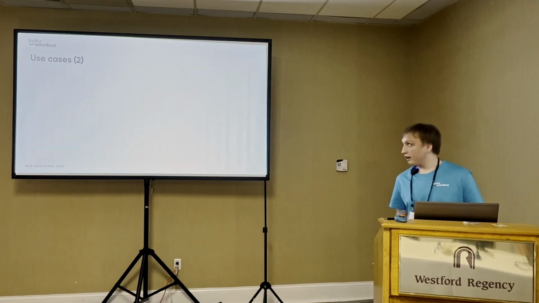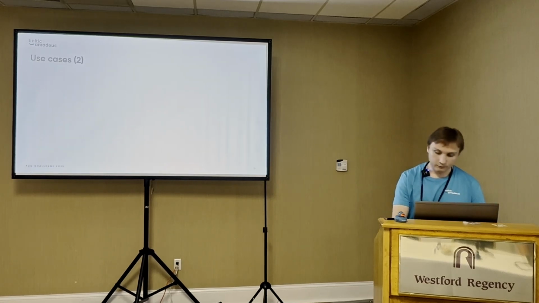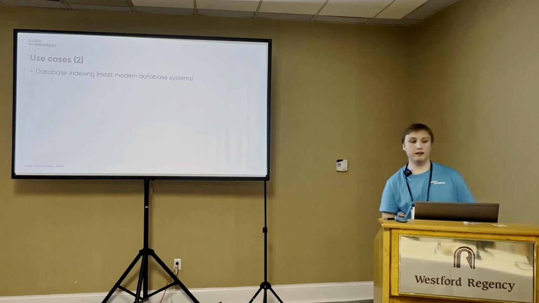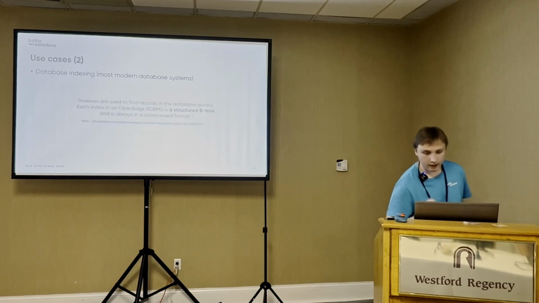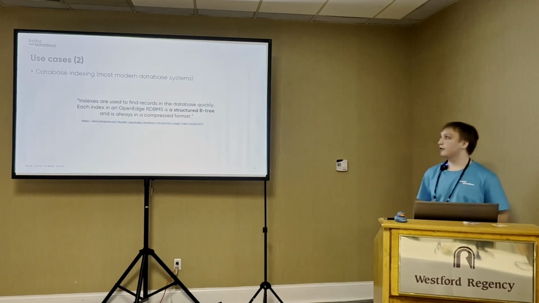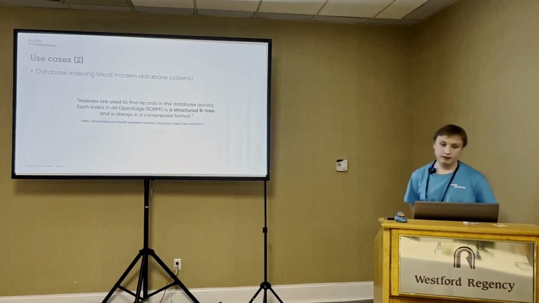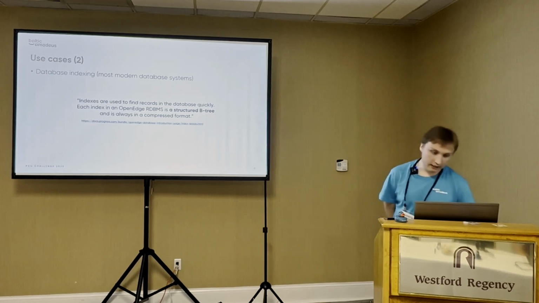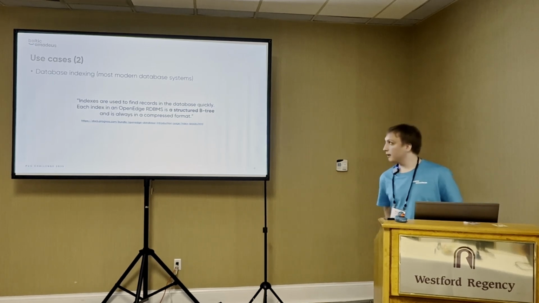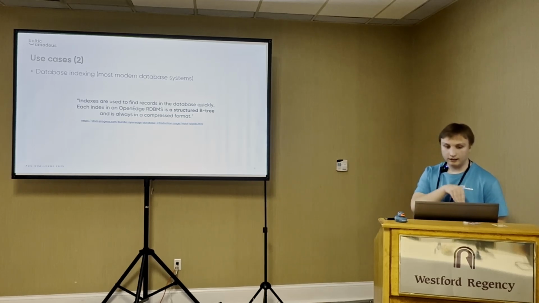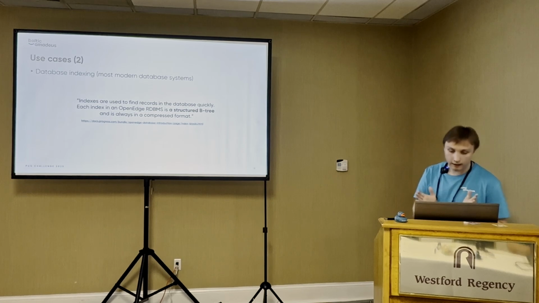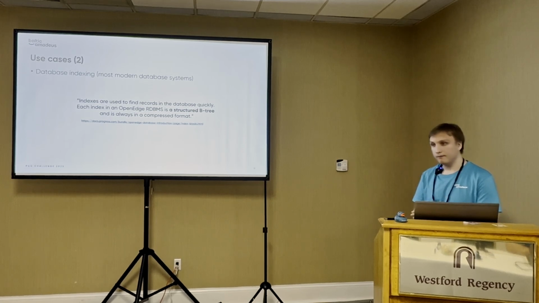Now that's nice, but in our case, what's more important is that B trees are the key data structure, basically the building block of database indexing. And here's a quote from the documentation of Progress. And Progress tells us that every single index in an OpenEdge database is a structured B tree. So whenever you add an index to a table or to a field or to whatever, you're adding a B tree.